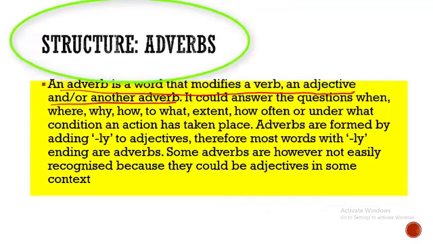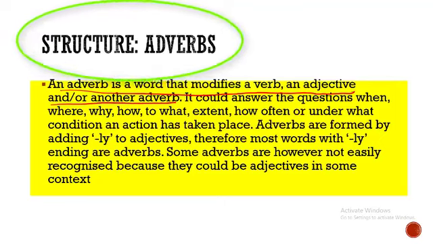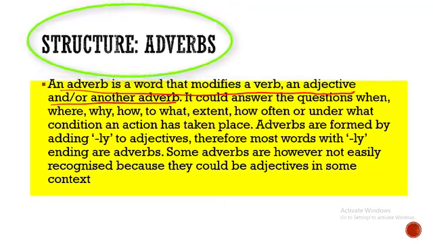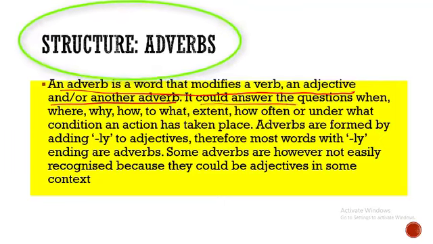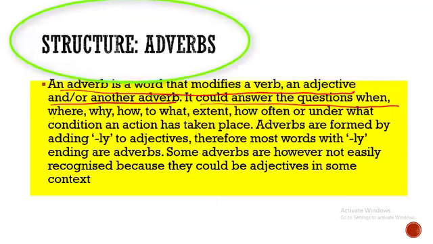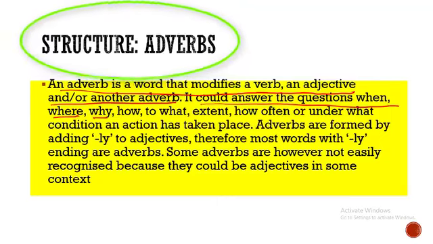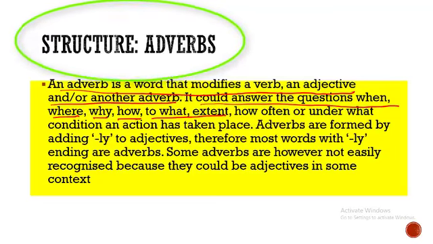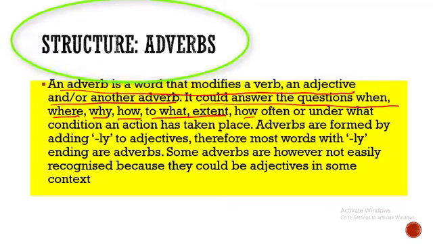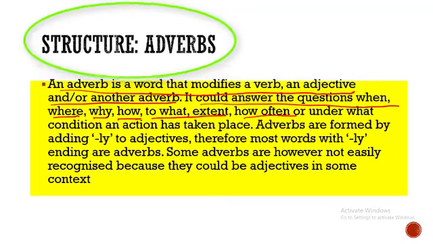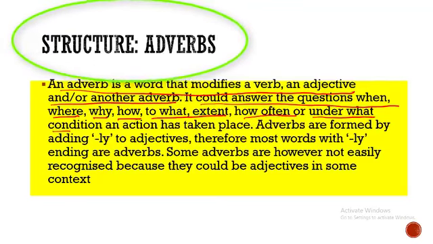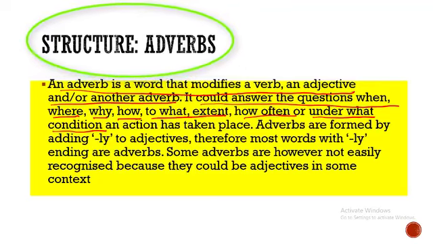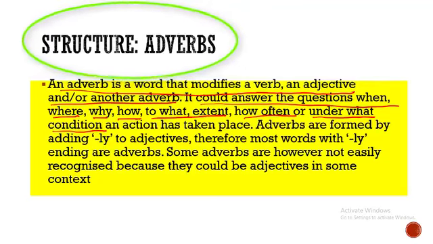So, it tells us more or answers the question on when an action was performed, where the action was performed, why the action was performed, how the action was performed, to what extent was the action performed, how often was the action performed, under what condition was the action performed. So all of these questions are answered by what you call an adverb.